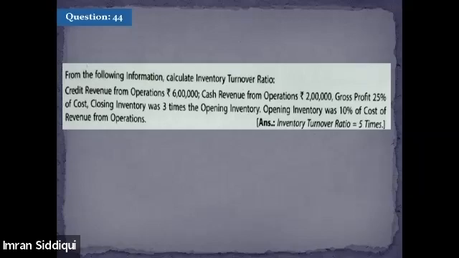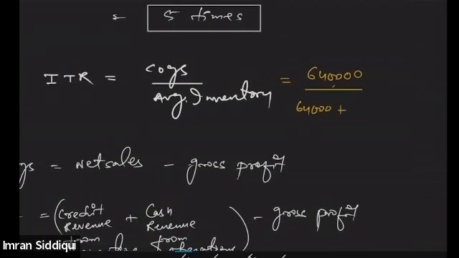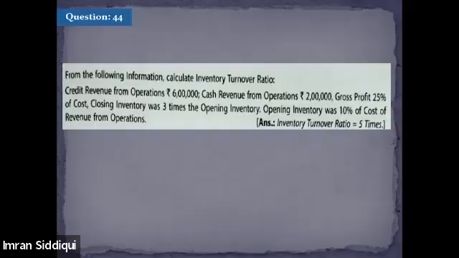So if opening inventory is 10% of COGS, that means opening inventory is 64,000. And the value of closing stock is 3 times the opening stock. So 64,000 into 3, and if we divide it by 2, we will get the value of the average inventory.